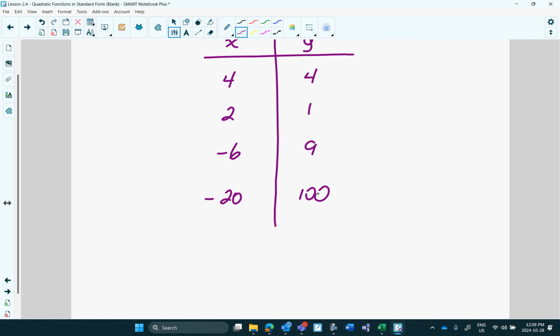I'm just curious. It's not an easy pattern to figure out. But think of all the things that you know how to do to find patterns. You know how to multiply, divide, add, subtract, square, square root. Any idea?